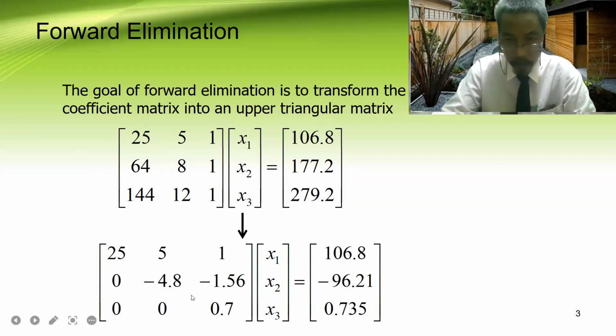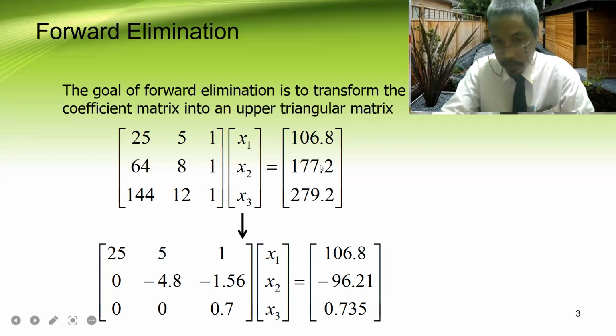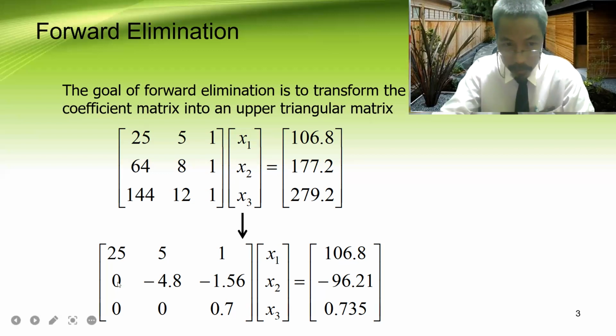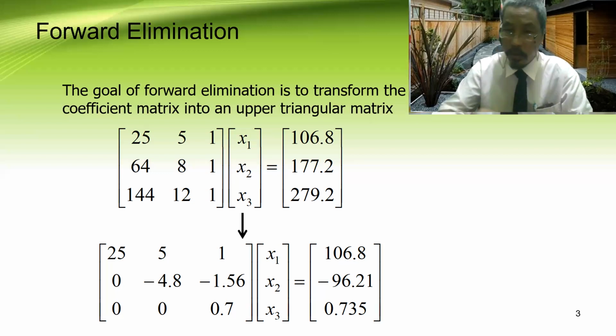If you try to do this, the constant values will change, as you can see here. Okay? The first equation will not change the constant value because the first equation will retain, because we did not do anything about the first equation, because in transforming it to triangular matrix, only the second equation, the third equation, and so on would change.